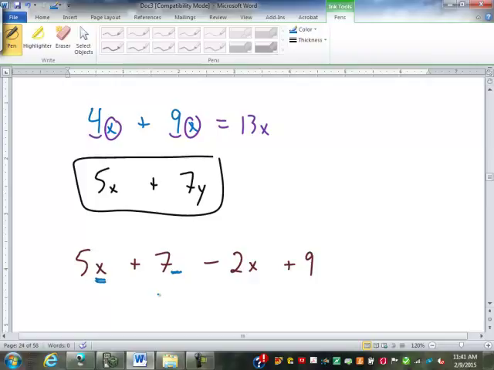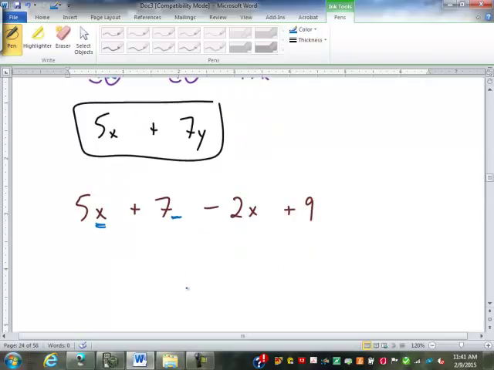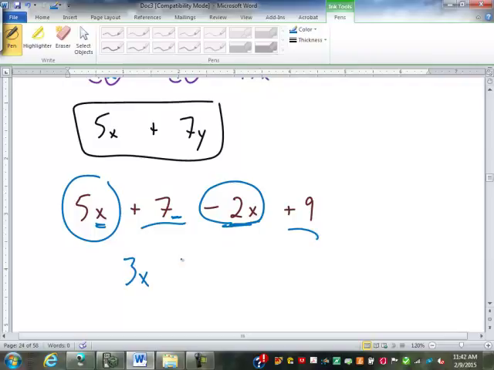We can't combine those two with addition because those are different names, but we can combine some of the pieces. We have 5x. Now this one isn't 2x, it is actually a negative 2x. So 5x and negative 2x make 3x. 7 and 9 make 16. And now since we have to have something to link them together, since that's a positive 16, we put plus in there, plus 16.